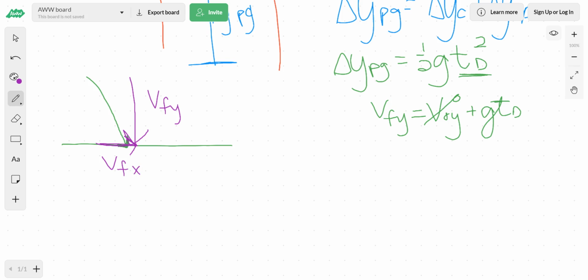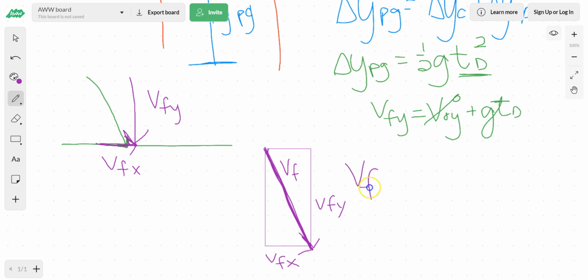So ultimately, I'm going to do it this way so you can see what's happening. We have a V final in the y direction, and we have a V final in the x direction, which gives us a hypotenuse, which is our absolute total V final. And how do you calculate that?